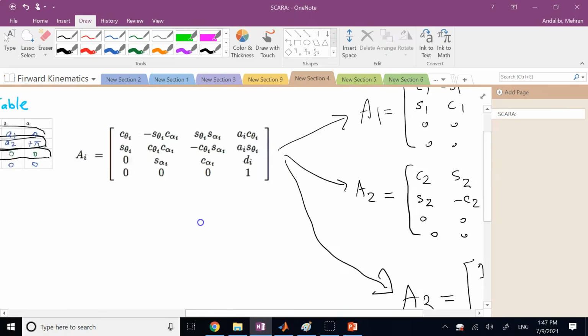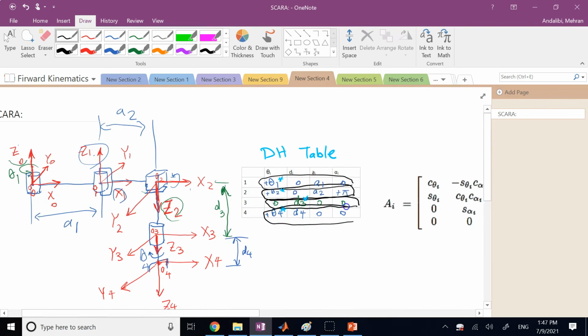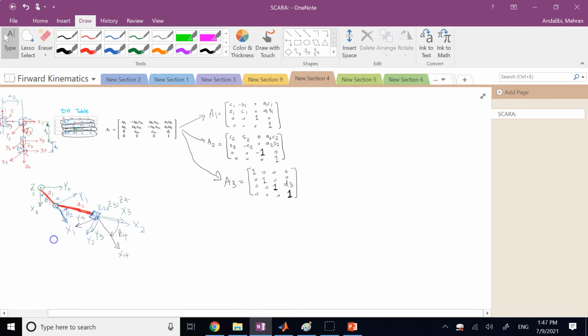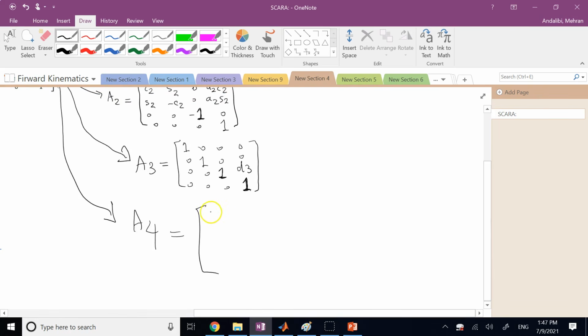And finally, I'm going to pick the numbers in the fourth row, and that should give me my fourth matrix A, which if I evaluate it, is going to be C4, negative S4, 0, 0, then S4, C4, 0, 0, then 0, 0, 1, D4, and then 0, 0, 0, 1.